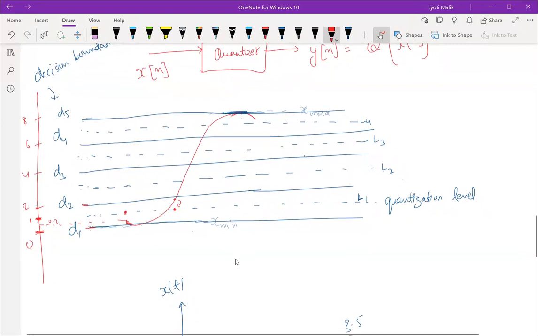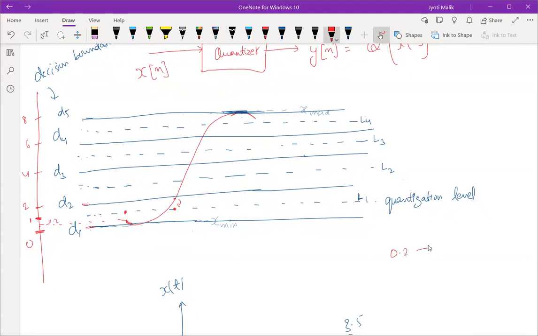See, by common sense, you are saying, okay, 0.2 is closer to 0, so we should map it to 0, and 1.8 is closer to 2, so we should map it to 2. But no, that is not quantization. Quantization is the process which we are defining: we'll have some specific levels and we want to map the whole signal to those levels only.